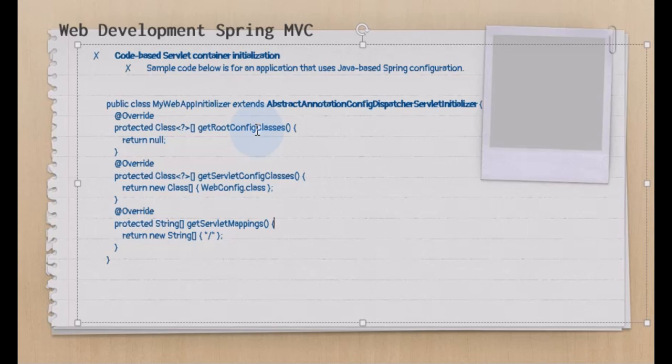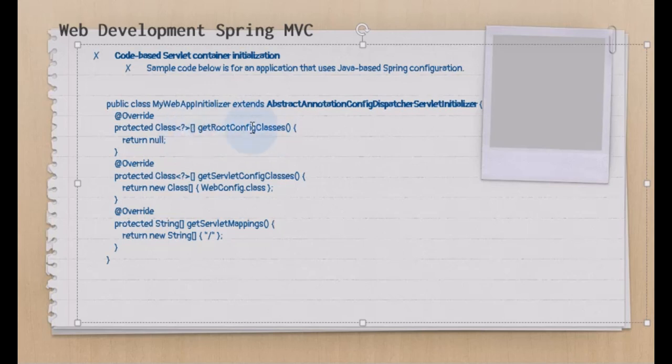So if you have a root context, meaning any beans that are common to other application contexts in the application, you will define those beans here in getRootConfigClasses. For example, if you have security, or transaction, or caching implemented, these beans are applicable across all the other application contexts of your application. You will put those beans in a root context.